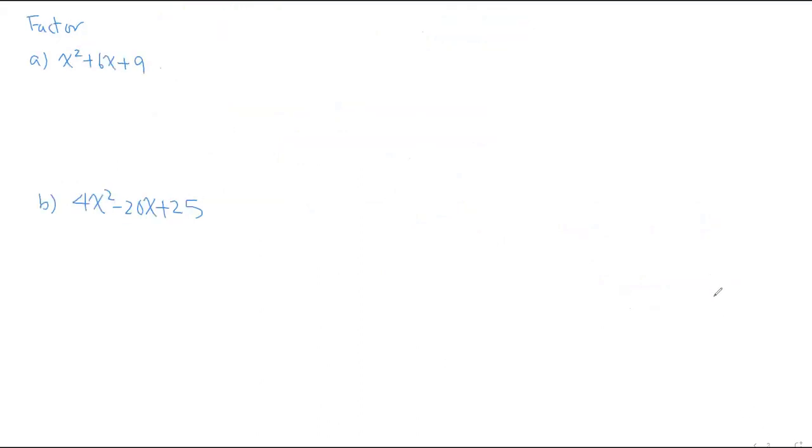The next one: we have two formulas. You have a squared plus 2ab plus b squared, and this is a plus b squared. Here, we can use the formula first, and I will show you another way to factor this one. So you have x squared, and you need to write the middle term in the form 2 times ab.